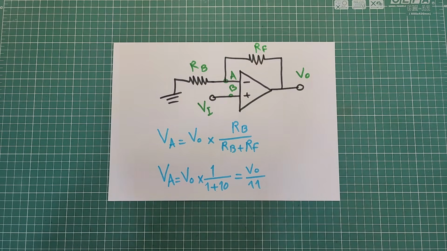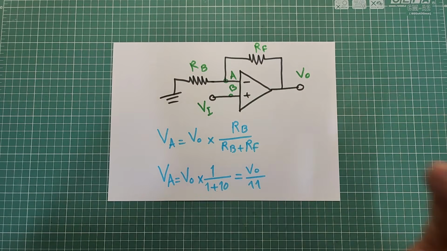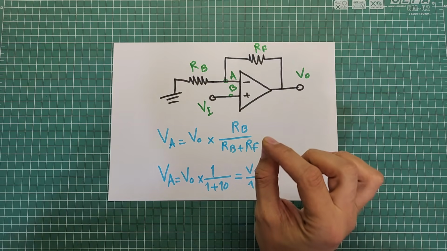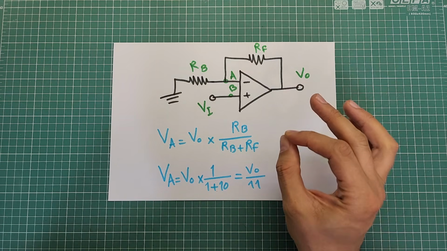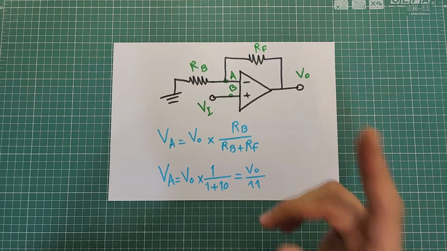Now suppose that the input voltage is increased to 0.1 volt. Then the op-amp has to set the output voltage in such a way that makes the voltage at inverting input equal to 0.1 volt.